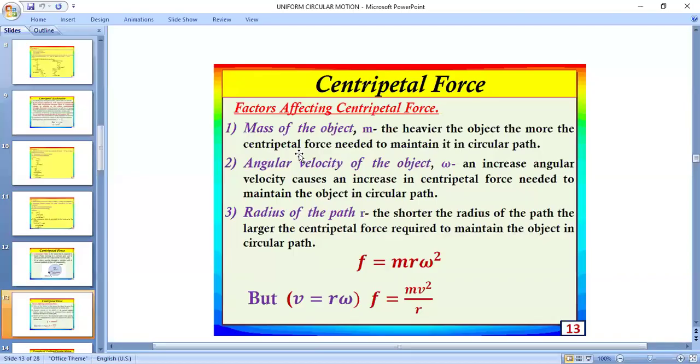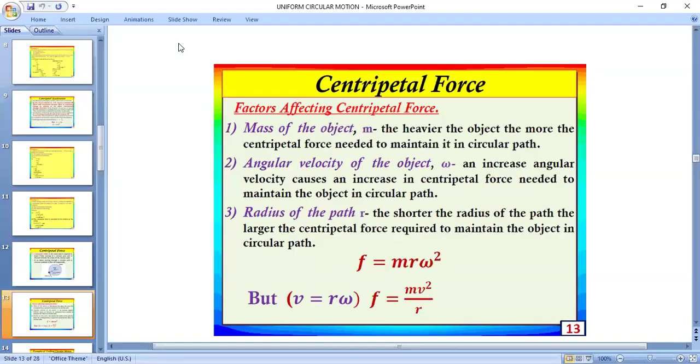Factors affecting centripetal force. From the equation that we've just written, F equals m omega squared r. Those are the factors affecting centripetal force. So number one is the mass of an object.